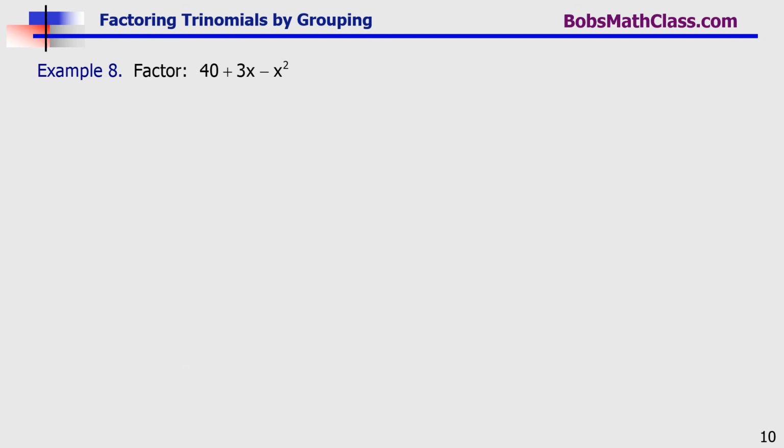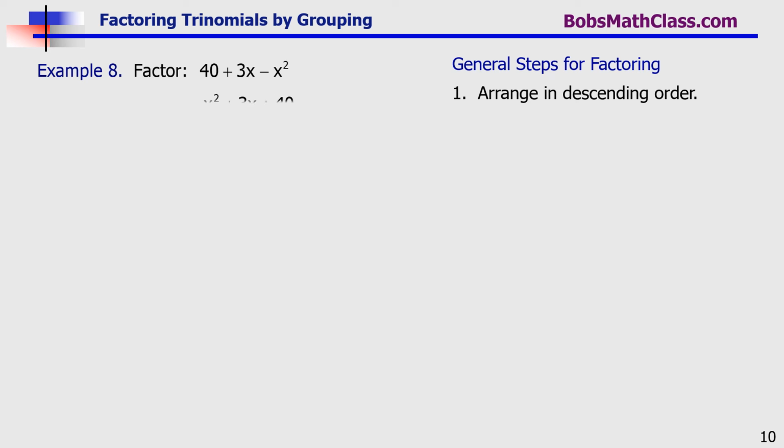Alright, here's another one. What's our first step? Right, put it in order. Is there a GCF? Well, there's no GCF except for 1, and since the first term is negative, we have to factor out a negative 1. So that first term of the trinomial needs to always be positive.